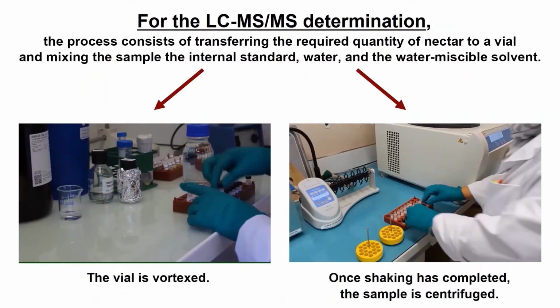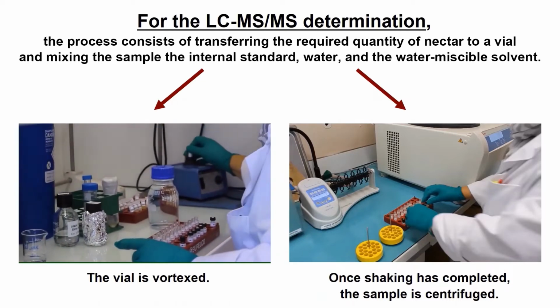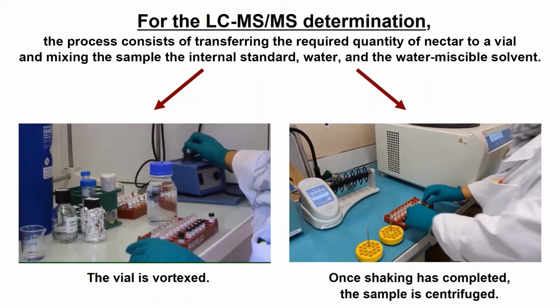For the LC-MS-MS determination, the process consists of transferring the required quantity of nectar to a vial and mixing the sample with internal standard, water and water miscible solvent. Then the vial is vortexed.